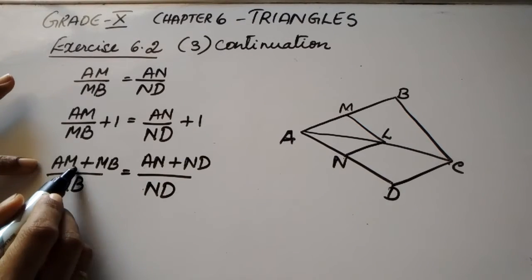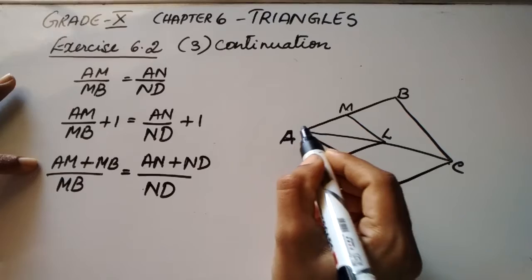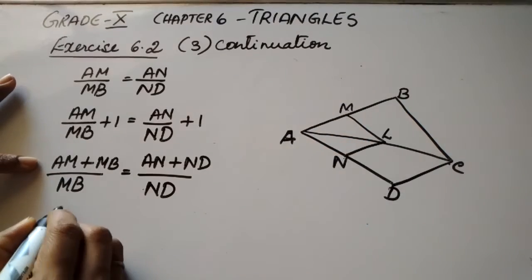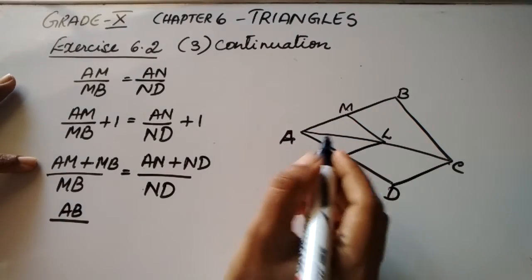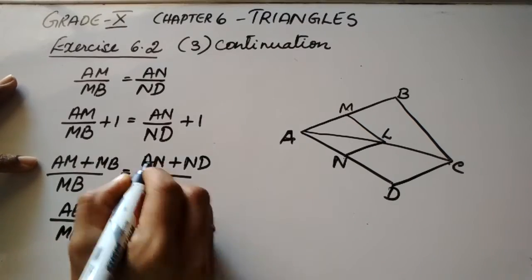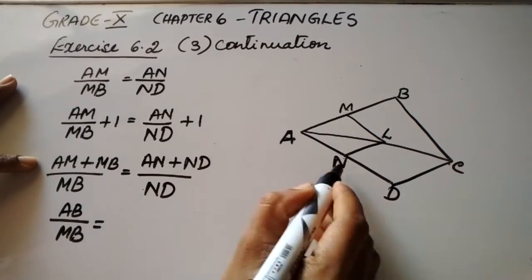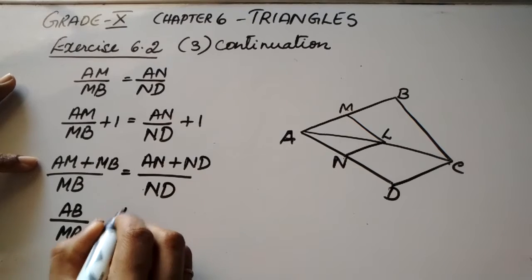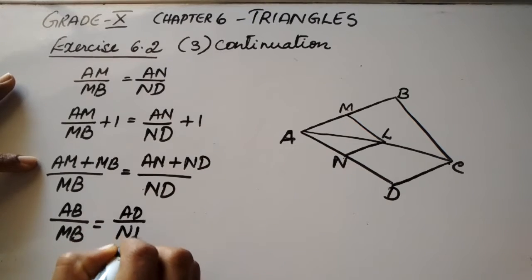Now here AM plus MB. AM plus MB is AB divided by MB is equal to AN plus ND. So you get AD divided by ND.